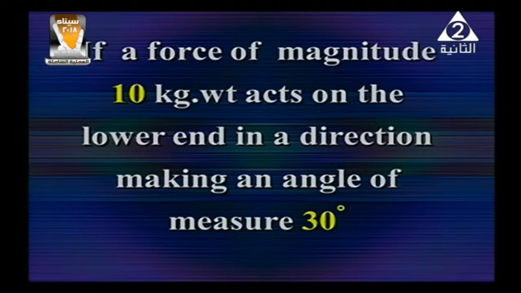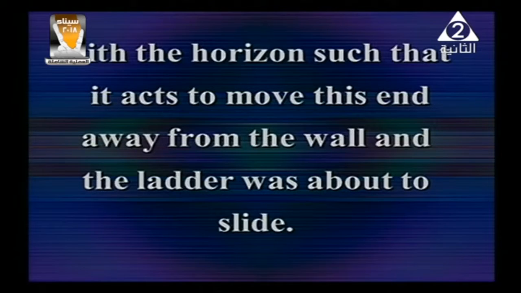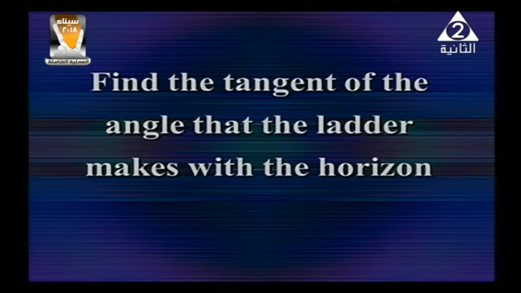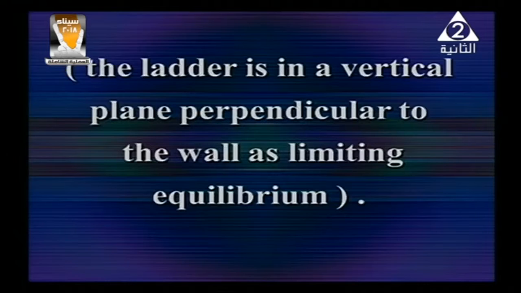A force of magnitude 10 kilogram weight acts on the lower end in a direction making an angle of measure 30 degrees with the horizontal, such that it acts to move this end away from the wall, and the ladder is about to slide. What is required? Find the tangent of the angle that the ladder makes with the horizontal. The ladder is in a vertical plane perpendicular to the wall, in limiting equilibrium.